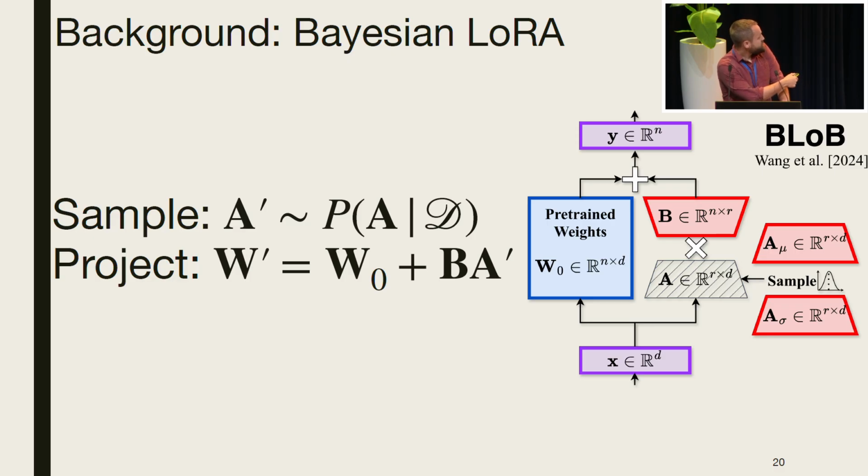Then once we have this distribution, we can draw stochastic samples from it and use the original weights along with the term B to project them all the way up into the full weight space, allowing us to form Bayesian ensembles over the entire model.